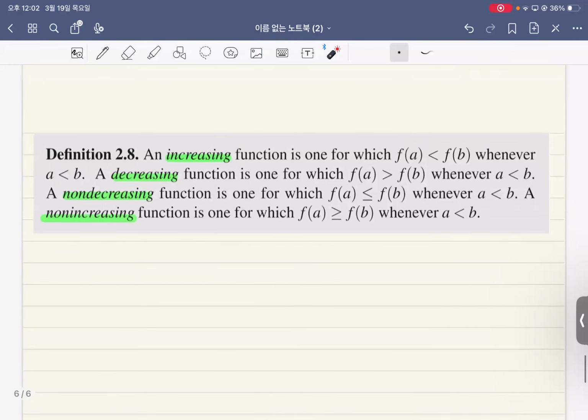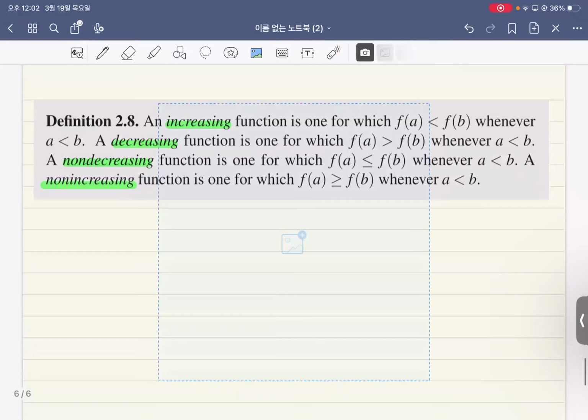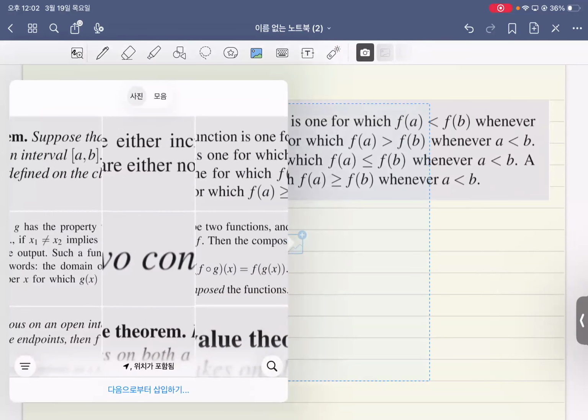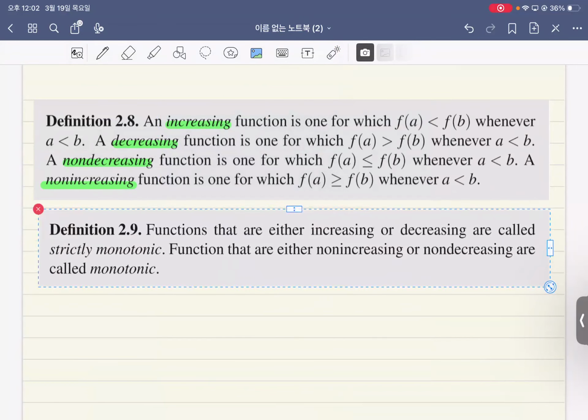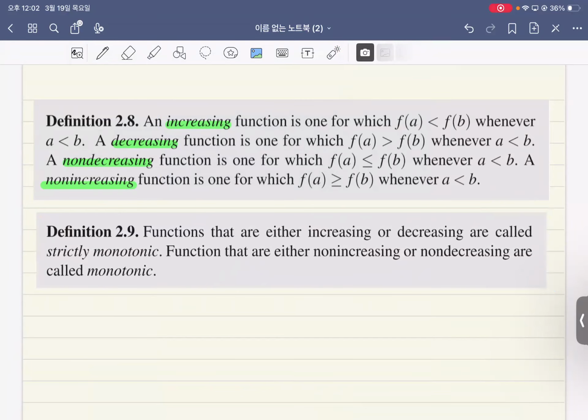The functions that are either increasing or decreasing are called strictly monotone functions, and those that are either non-increasing or non-decreasing are called just monotone functions.